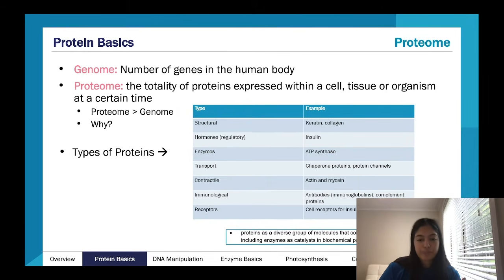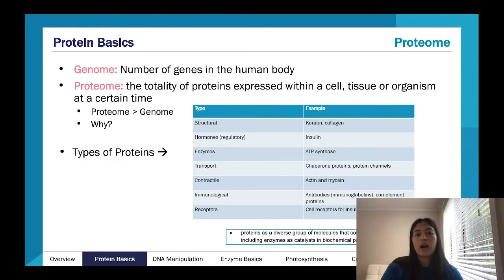Essentially, the collection of proteins will tell you what the organism does, if that makes sense. So the genome is like the basis, the instructions, but the proteome is actually what's going on, what's there. So you can get a better insight into what's going on in a cell, what's going on in a human, when you look at the proteome, in terms of what the actual proteins being expressed are, as opposed to the genome.